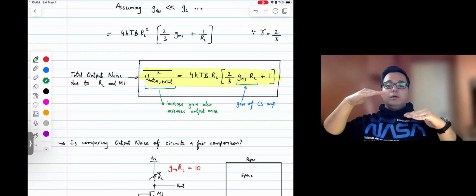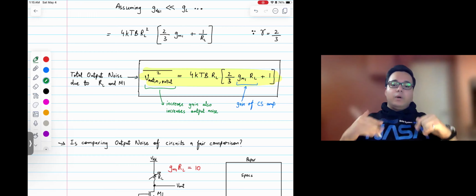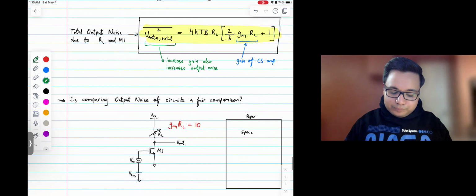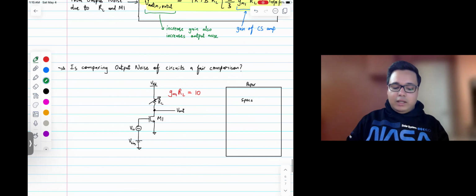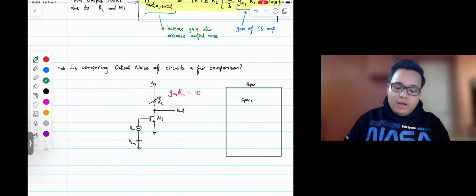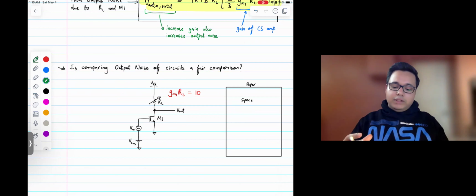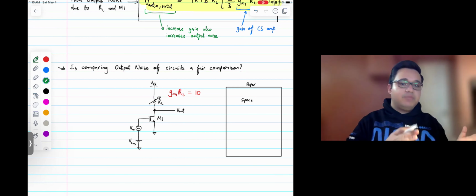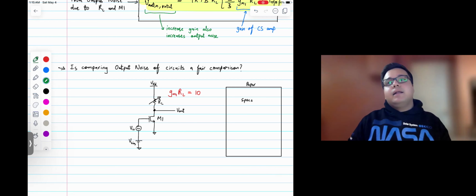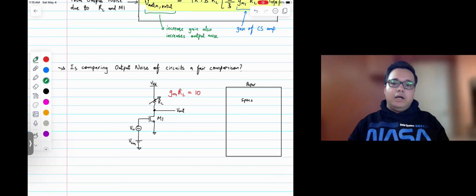If you want to make the noise lower, then you have to make the gain lower, right? So now I want you to ask yourself a question. If I compare the output noise of different circuits, let's say from different papers, is that a fair comparison of noise?